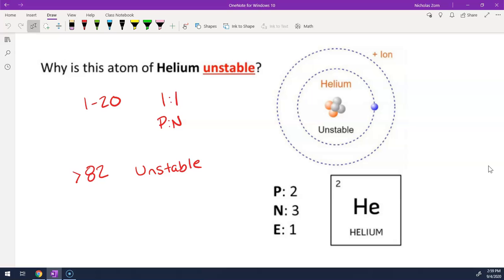And then anything between that, it can follow a different rule. Sometimes it's 1 to 2. So in this case, we have 2 protons, so it should be a 1-to-1 ratio of protons to neutrons. So we should have 2 neutrons, but we have 3. So that's why in this case, this helium ion is unstable.